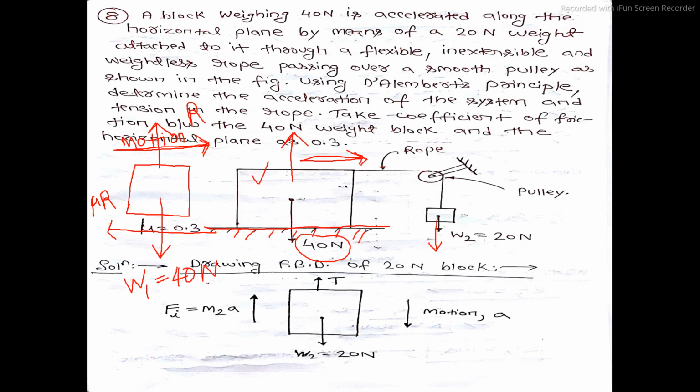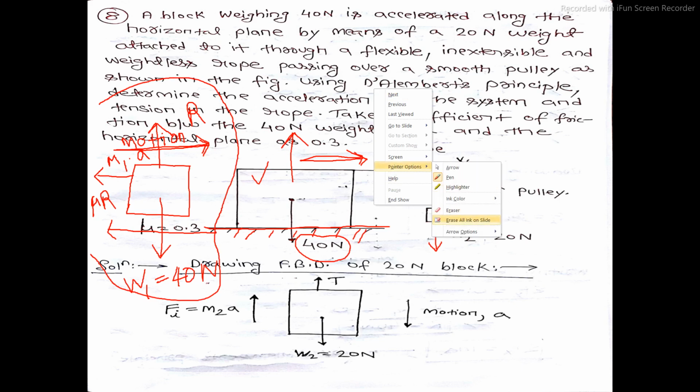So inertia force will act in negative x direction, that is the direction opposite to the direction of motion of the bigger block, and its magnitude will be M into A. Let M1 denote the mass of the first block, into the acceleration with which the bigger block is moving. Now is the FBD of my bigger block completed? Yes. This is the final FBD of the bigger block.